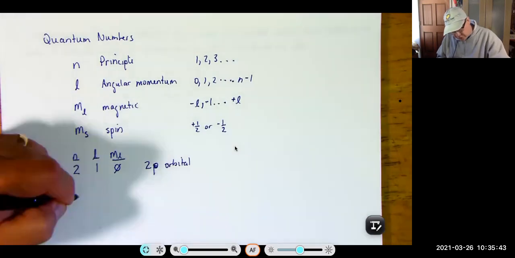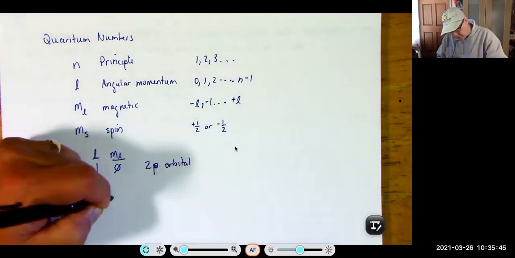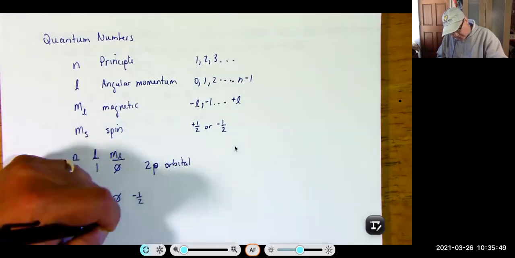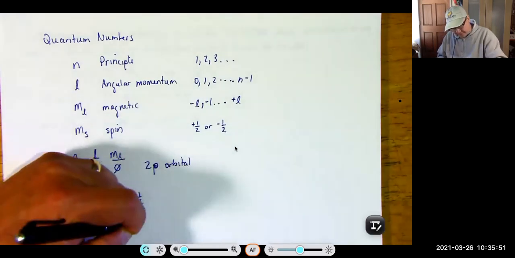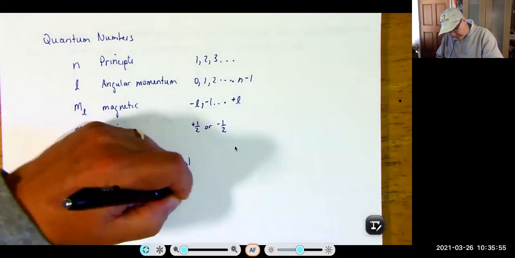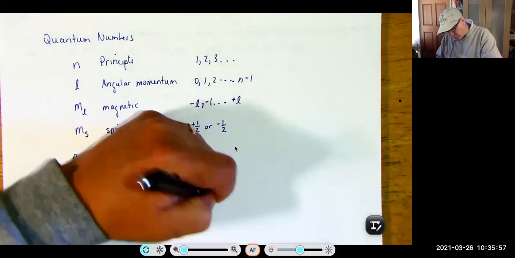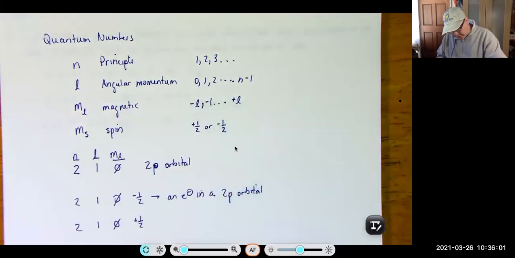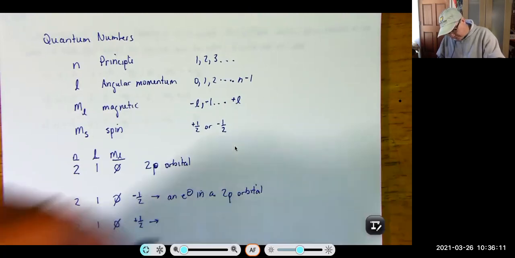You can have a 2, 1, 0 minus 1/2 and a 2, 1, 0 plus 1/2. This is an electron in a 2p orbital. And guess what this bottom set is? The same thing. It's an electron in a 2p orbital.